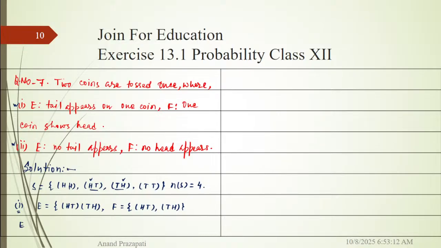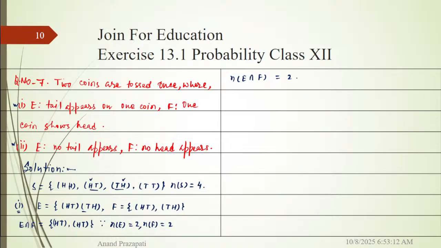So we find out E intersection F will be HT and TH. Now we find out number of E equal to 2, number of F equal to also 2, and number of E intersection F equal to also 2. Hope that there is no problem to understand up to this step.